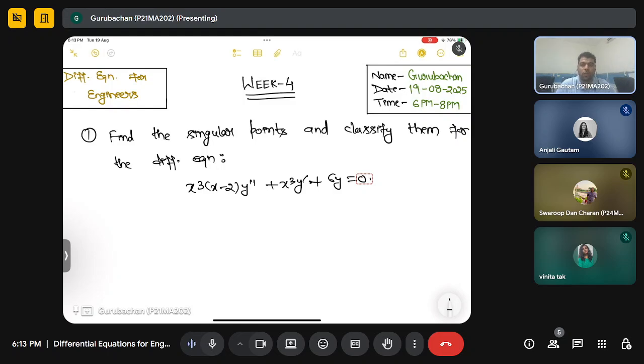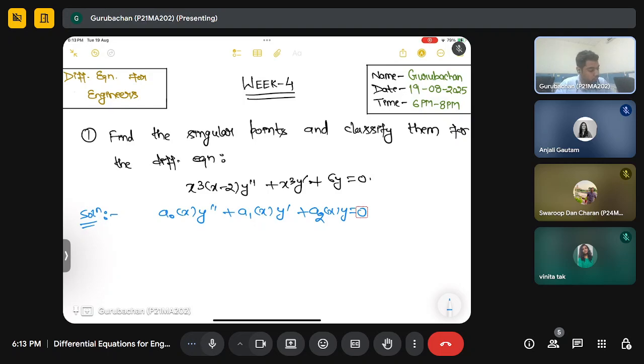So first of all, the question arises, what is a singular point? If you remember the general second order linear form, a naught x y double dash plus a1 x y dash plus a2 x y equal to 0, a homogeneous differential equation.